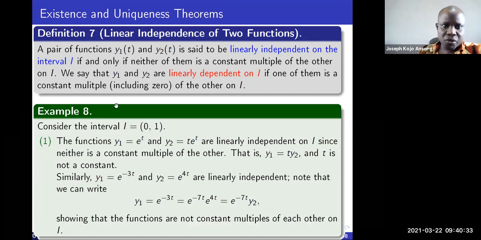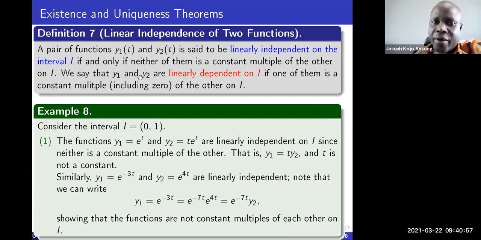Okay, so here's a definition for linear independence of two functions. This is important for differential equations. A pair of functions y1 and y2 is said to be linearly independent on an interval I if and only if neither of them is a constant multiple of the other on the interval.